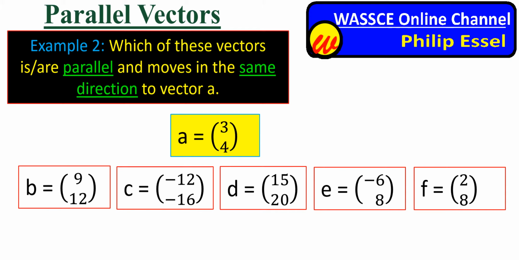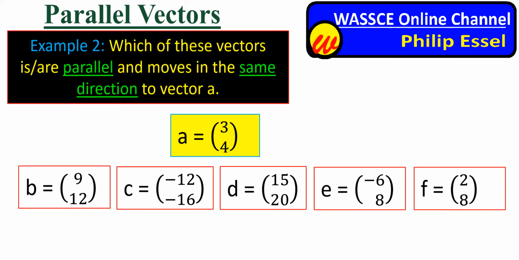So in example 2, we've been given a list of vectors from B to F. And here we are being asked two things. One, to find out which of them is parallel to the vector A. Then two, which of them also moves in the same direction as the vector A.